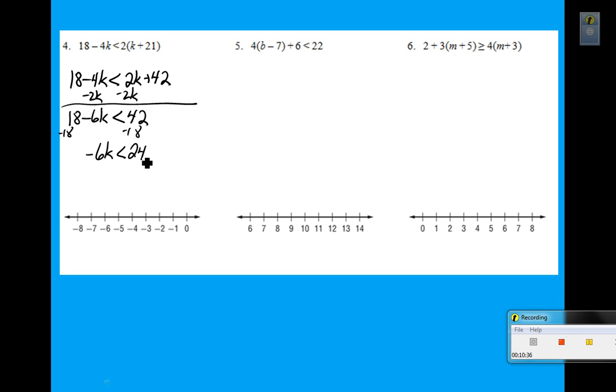I'm dividing by negative 6, so I'm going to have k is, flip your sign, greater than negative 4. To put it in set builder notation, let's go set k such that k is greater than negative 4. Put my set builder braces around there. To graph it, open dot on negative 4, and I'm coming to the right.